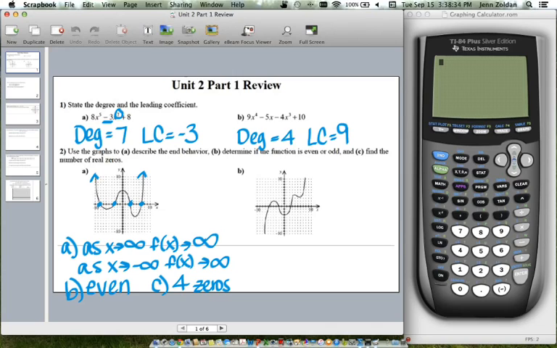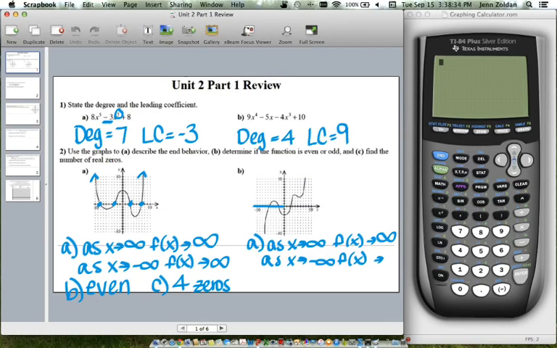And do the same thing for part B. Find the end behavior: as x approaches infinity, f of x approaches, as x approaches -infinity, f of x approaches. Then I can look at my graph. As my graph moves to the right, my function is going up, so that's towards positive infinity.